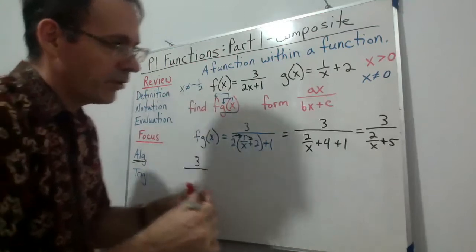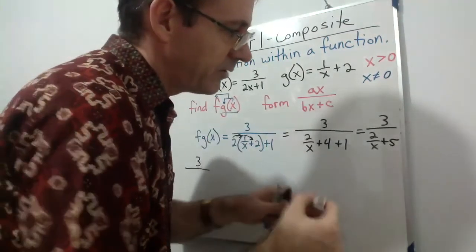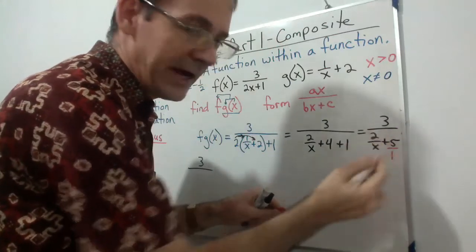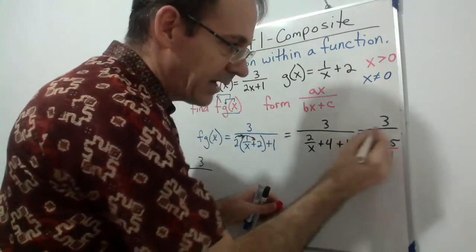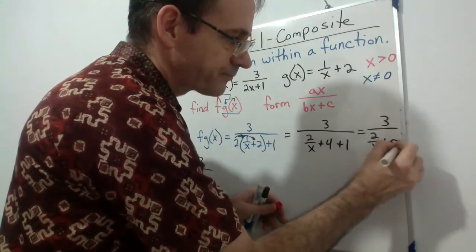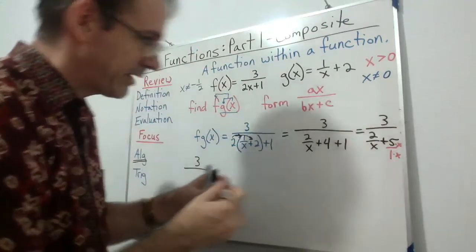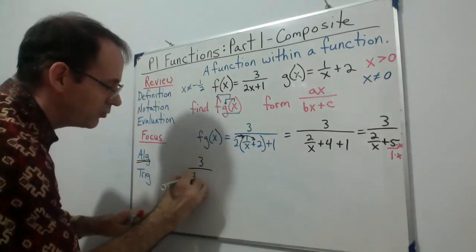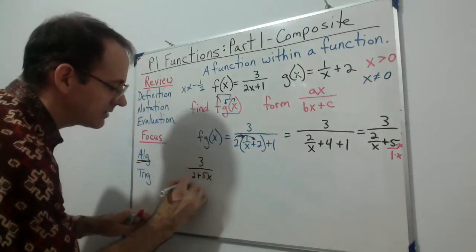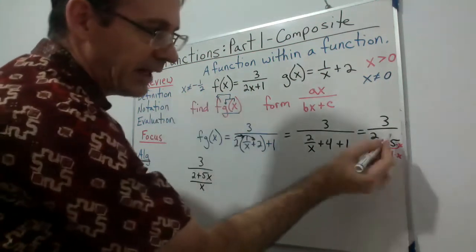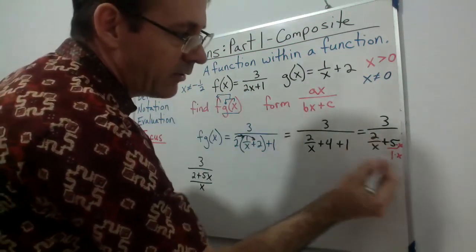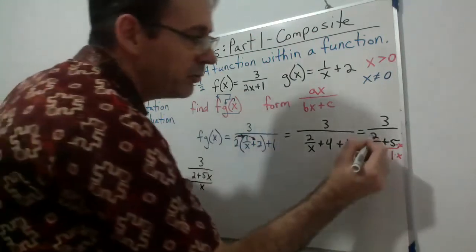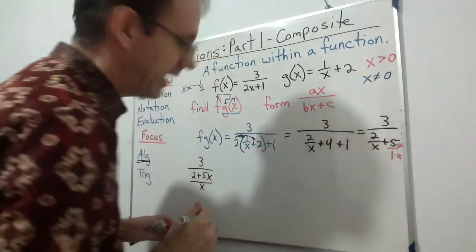So we need to multiply this top and bottom of, to make a whole number a fraction, just put it over 1. We need a common denominator of x. So we need to multiply top and bottom by x. So that gives us a 2 plus 5x all over x. When we multiply top and bottom by x, it now gives us a common denominator, so we only need to write it once. And in the numerator, we have 2 plus 5x.